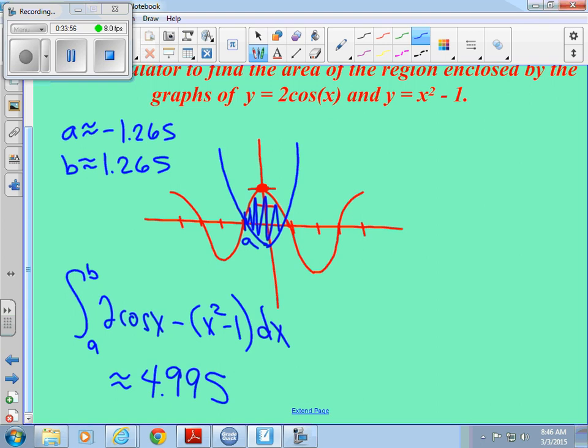So I'm going to call that B. And then go back and find the other one, store it as A. Any questions on this one?